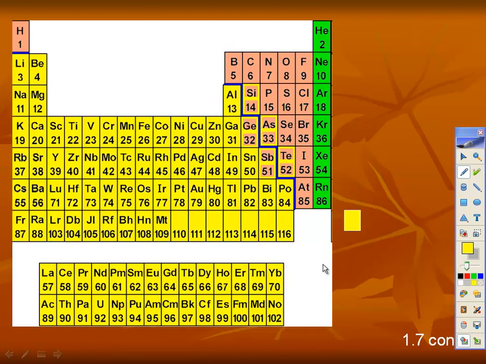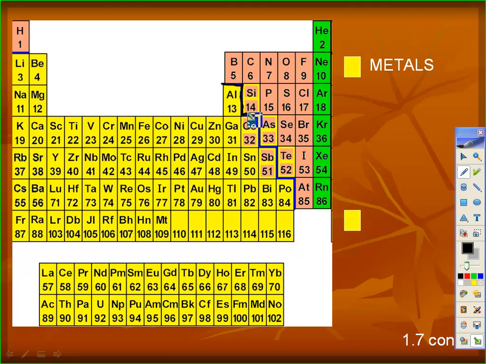Here is a periodic table, and you have this in your notes. We're going to go ahead and distinguish our metals, nonmetals, and metalloids. Our first category is metals. If you look at this stair step that occurs between aluminum and boron, all of these yellow elements are going to be considered metals.